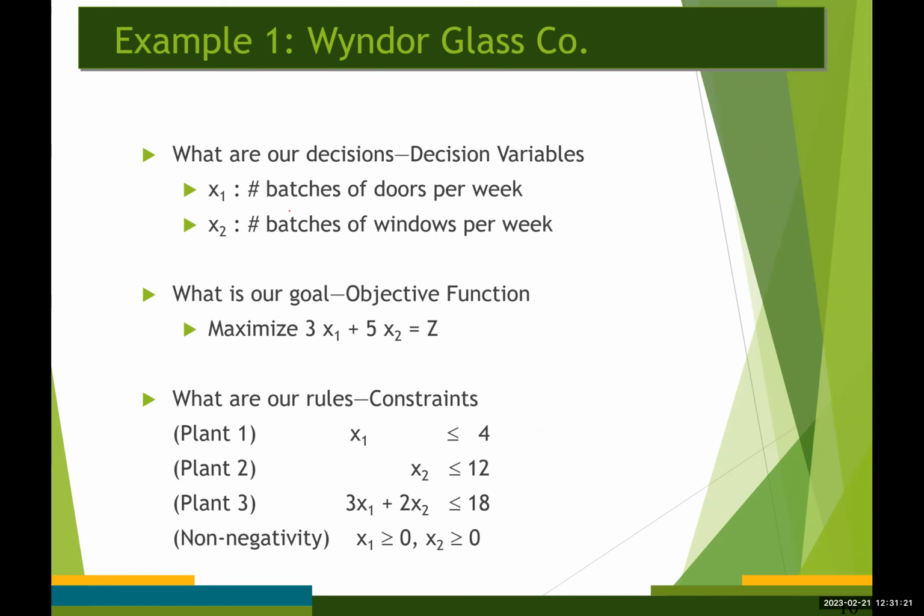And X2 is the number of batches of windows produced per week, okay? Our objective is to maximize the total weekly profit from producing these two glass products. It can be expressed as maximizing 3x1 plus 5x2, okay?